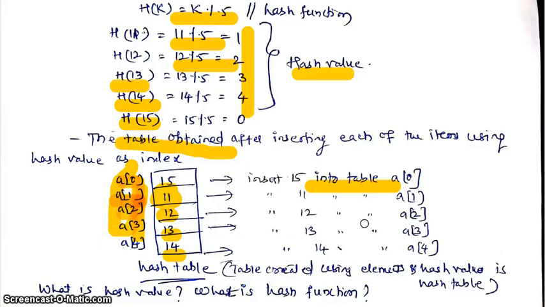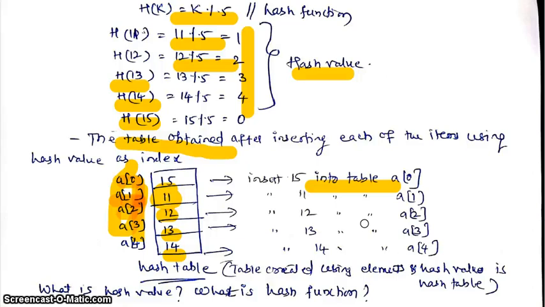For example, suppose I want to know the specifications of a particular mobile phone. I can just give the model number, and if I give the model number, I can retrieve the entire information about that mobile, its specifications. Hashing mainly helps in searching for an element, and retrieving information becomes much easier.